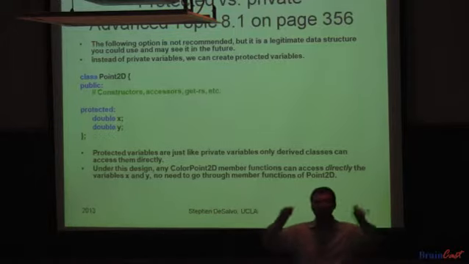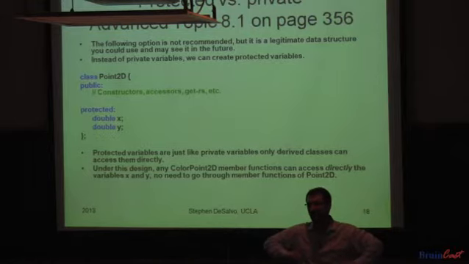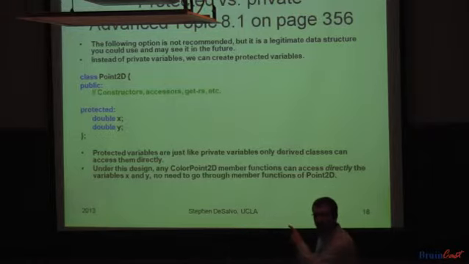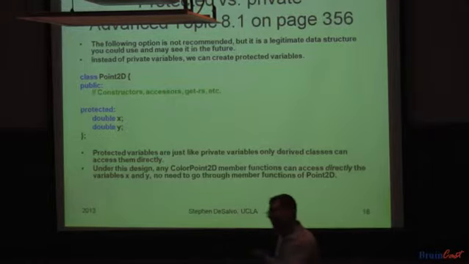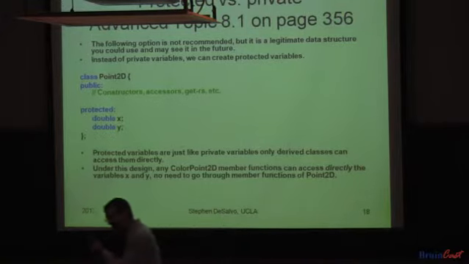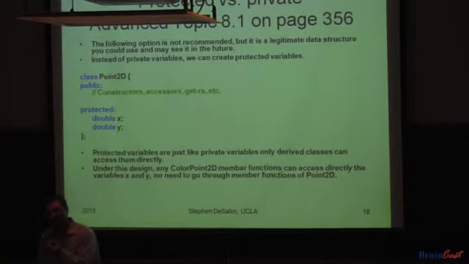There's more than just public and private. Okay? There's public, there's private, and then there's protected. You know how you can't access x and y directly in the color point 2D class object?